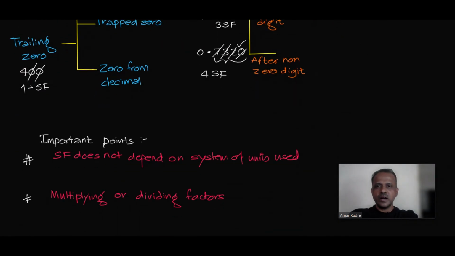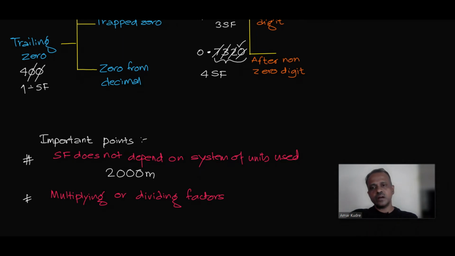Before examples, let us consider 2 points. First point: significant figures do not depend upon the system of units used. Suppose we have measured a particular distance which is around 200 meters.